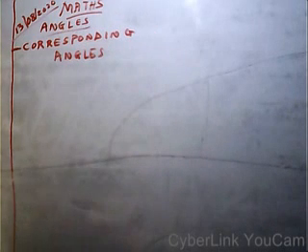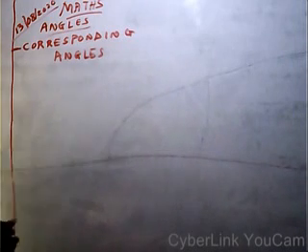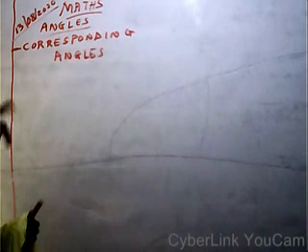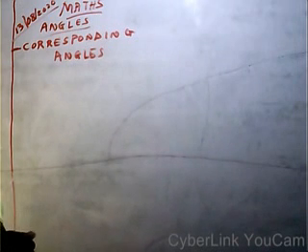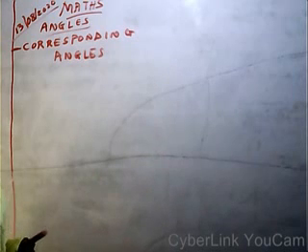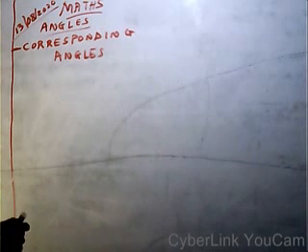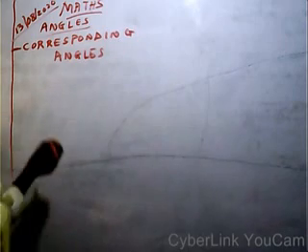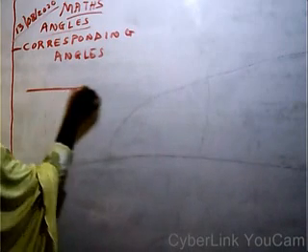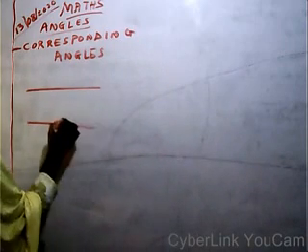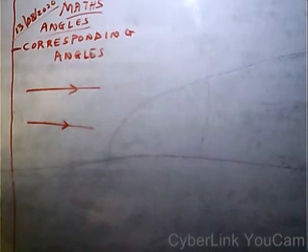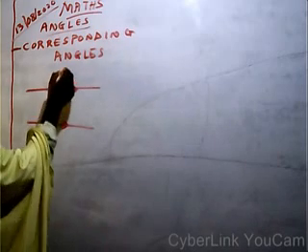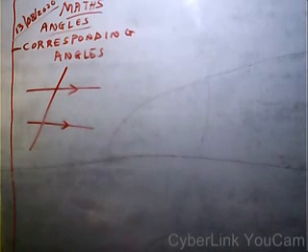What I told you is that alternate angles are formed with a Z shape. But corresponding angle is formed with the letter F or shape F. We also call it F angle. How does that one look like? You have your parallel lines, they are moving, they don't meet, and you have your transversal line here.